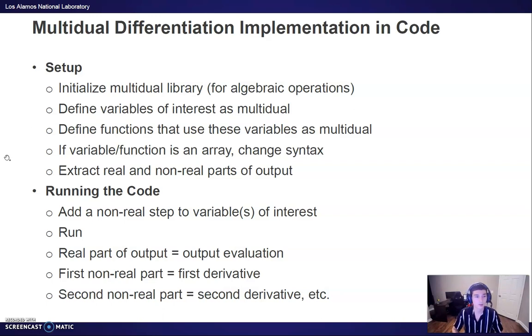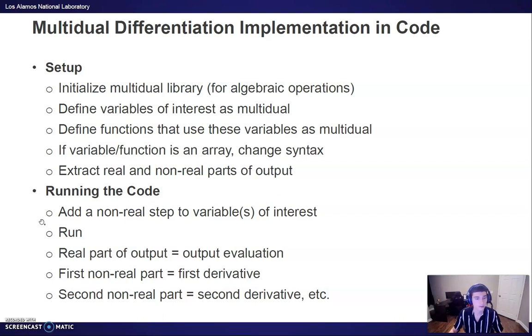If a variable or function is an array, we have to alter the syntax slightly to match what the multi-dual library calls for, but there's no new formulation, it's just a syntax change. And then write a few lines to extract the derivatives. The real part will just be your function evaluation, and then you need to extract the non-real parts to get your derivatives.